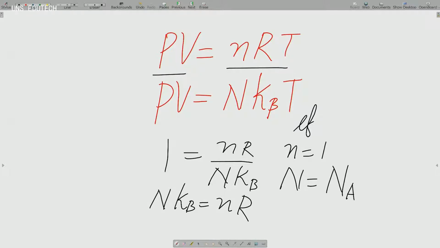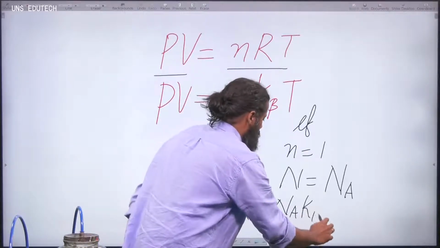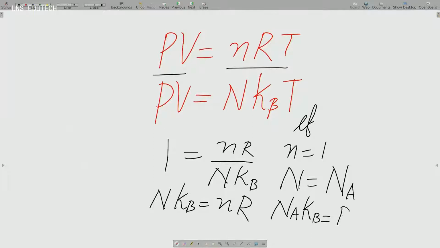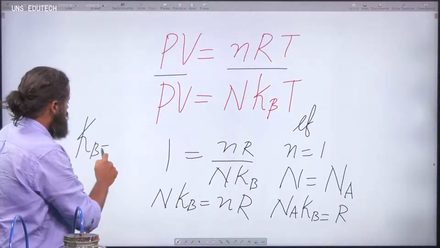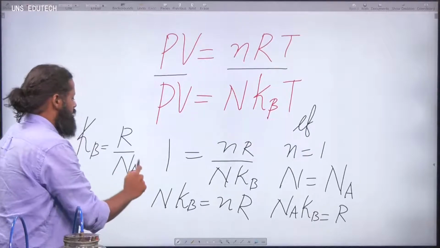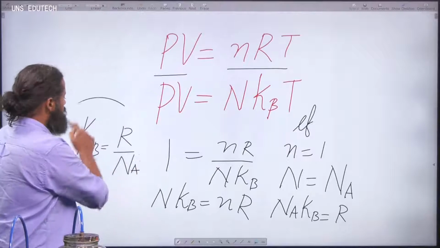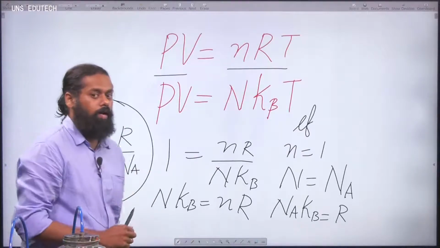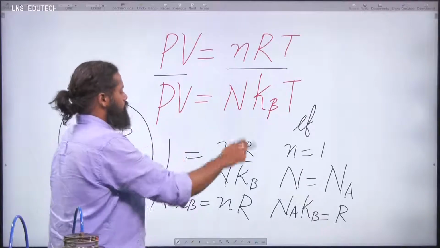So in that case you will get Na into KB is equal to capital R. Or we can say that KB is nothing but R divided by Na. Basically, this is the gas constant per number of molecules. This is the relationship between the Avogadro number and the universal gas constant R. Always keep this in mind.